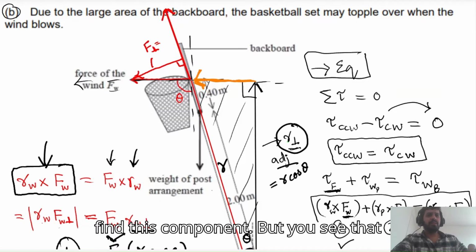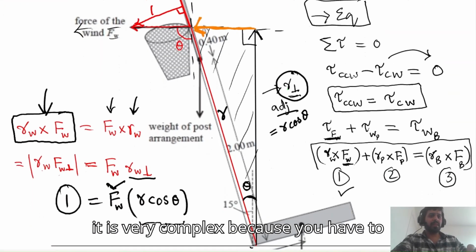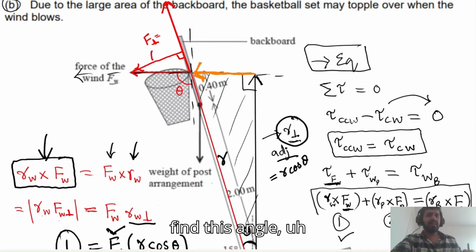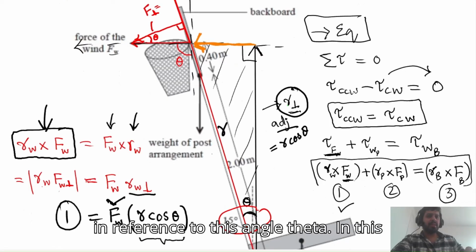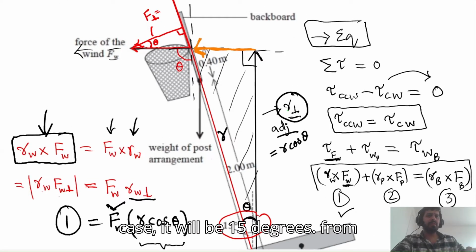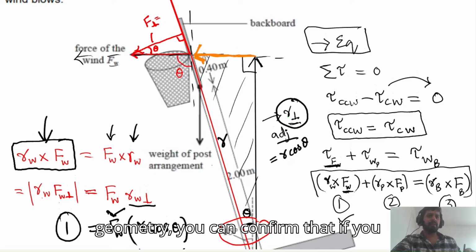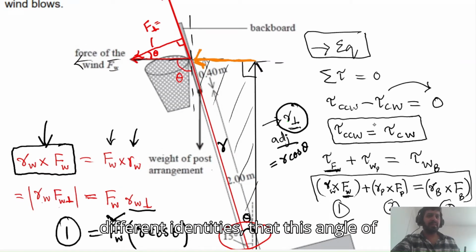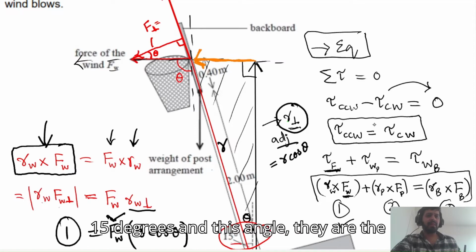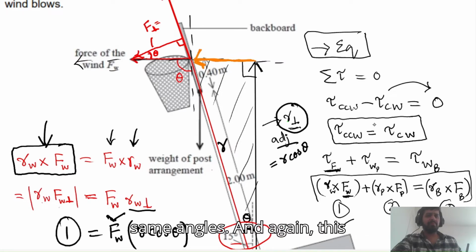But you see that it is very complex because you have to find this angle theta in reference to this angle theta. In this case, it will be 15 degrees. From geometry, you can confirm that if you rotate it in different ways, if you use different identities, this angle, 15 degrees, and this angle are the same angles.